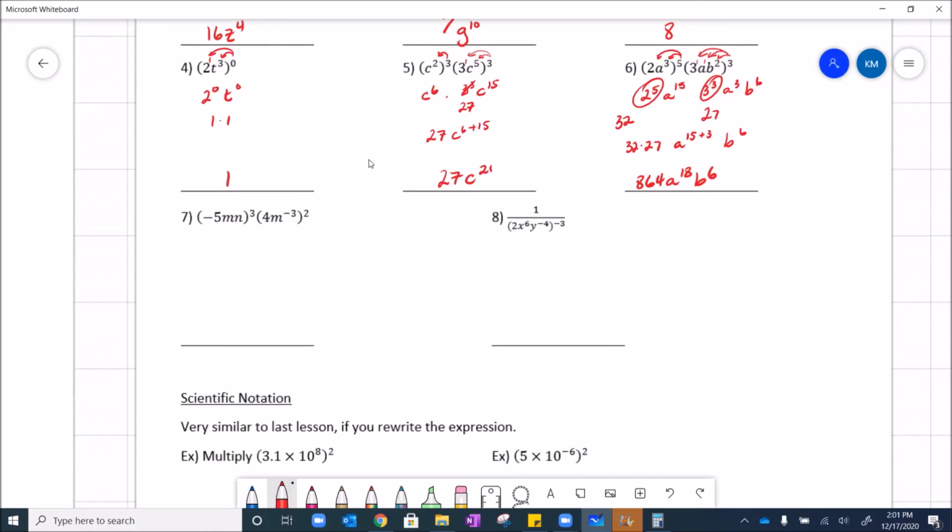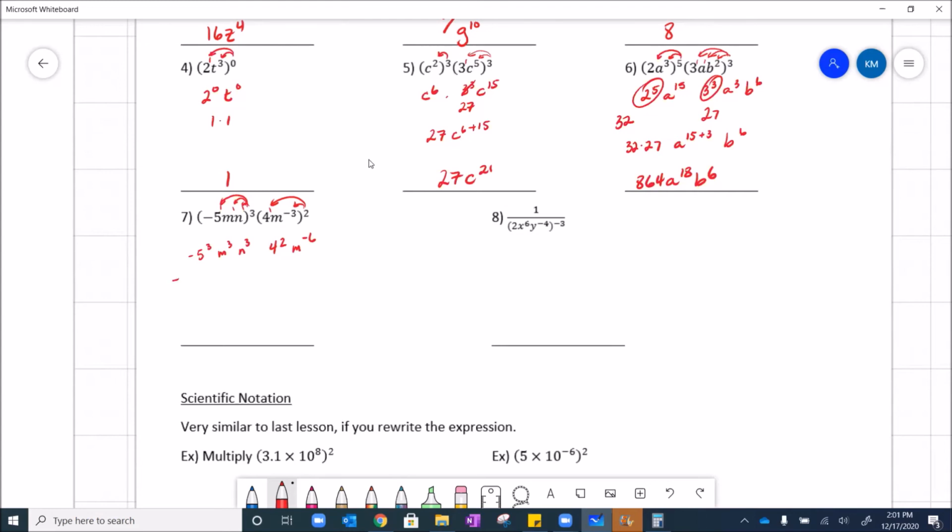Okay, number 7. Making sure I put this 1 under all these things so I don't forget to distribute to it. So I have negative 5 to the third, m to the third, n to the third on this side. I have 4 squared, m to the negative 6. Okay, I'll reorganize these.